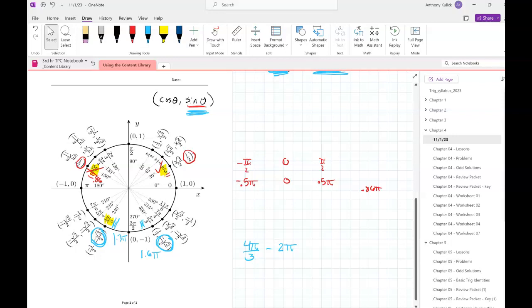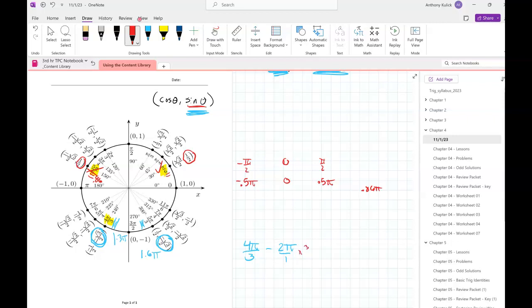To subtract 2 fractions, what do we need? The same denominator. Good, a common denominator. So if I think about this as 2 pi over 1, what would the common denominator be between 4 pi over 3 and 2 pi over 1? 3.